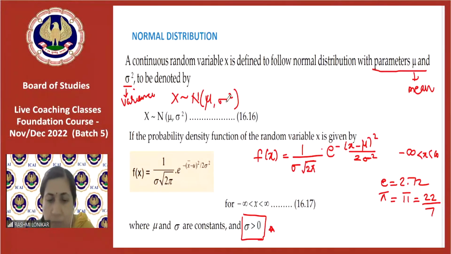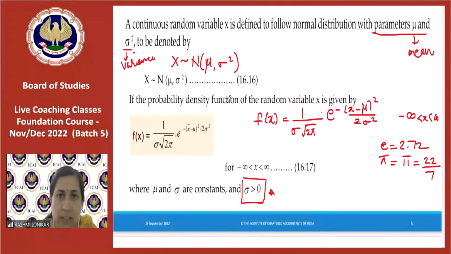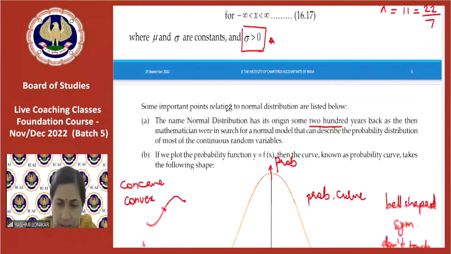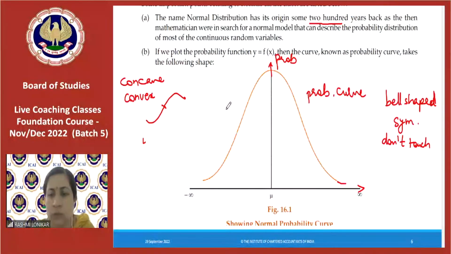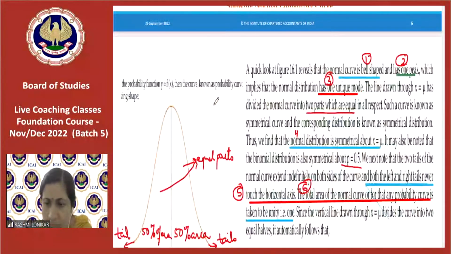Now what we do over here is that when we plot this probability curve, plotting the probability on the y-axis, I see that the curve is a bell-shaped curve. Second thing is the tails are not touching the x-axis. It is symmetrical about the mean. And fourth point is it has a unique mode.